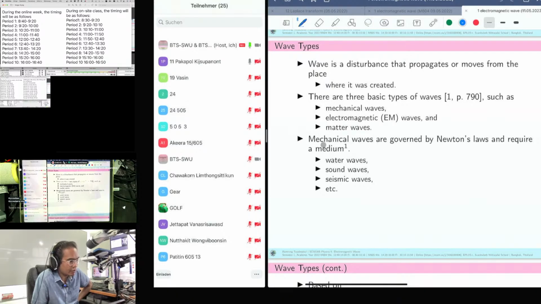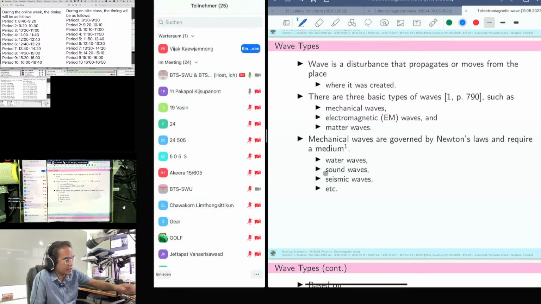Okay, mechanical waves can be analyzed or can be predicted by Newton's laws, because the molecule is quite big. The first example of the mechanical wave is water wave. The second one is the sound wave.